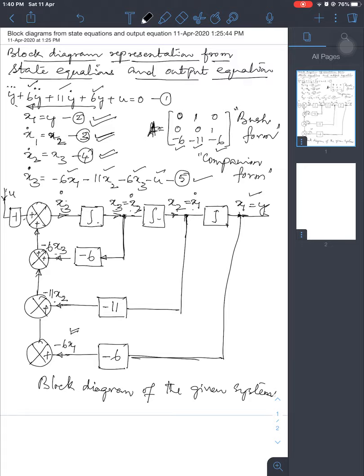And correspondingly, the elements would go on in the various rows, and the last row of the system matrix consists of the negative of the coefficients of the output and their derivatives taken in reverse order.